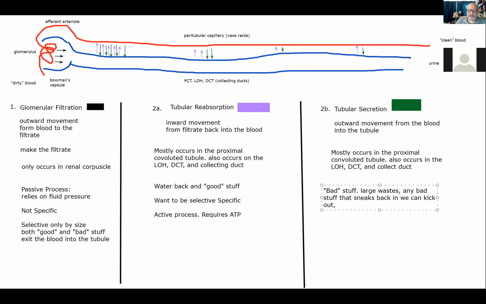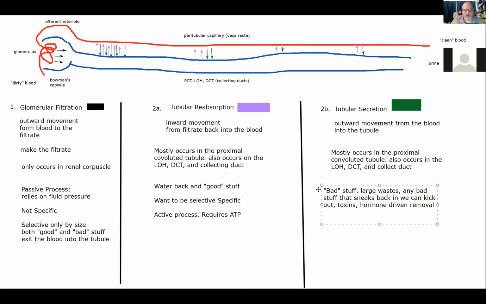This is going to include toxins that can be removed here, and substances that we want to remove based on our hormonal needs. So for instance, if we have too much water or too much sodium in the blood, we have hormones that tell the kidneys to release that stuff, and this would be where that's happening as well.